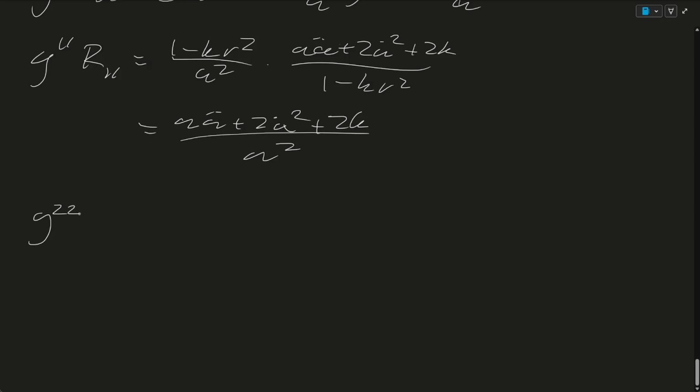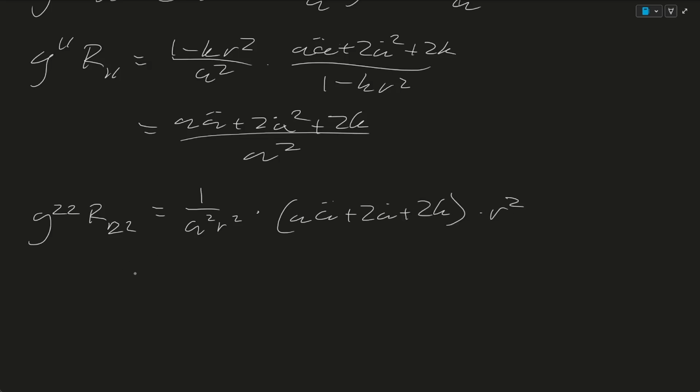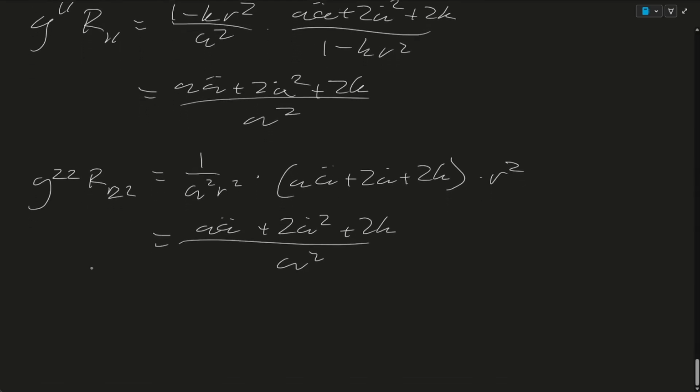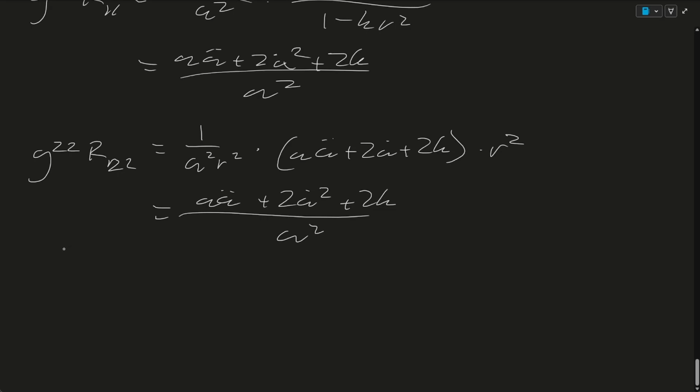And then G22 R22 is equal to over a squared r squared, a double dot plus 2a dot squared plus 2k over a squared.